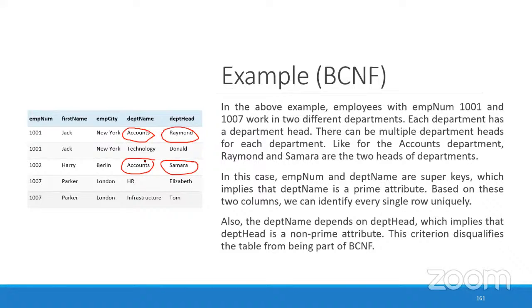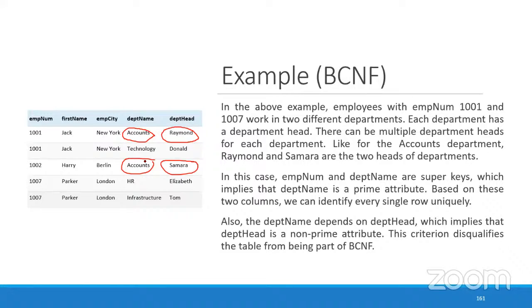So try to understand and find out how many candidate keys there are. Here we find two candidate keys. Employee number is one candidate key and department name is another candidate key.